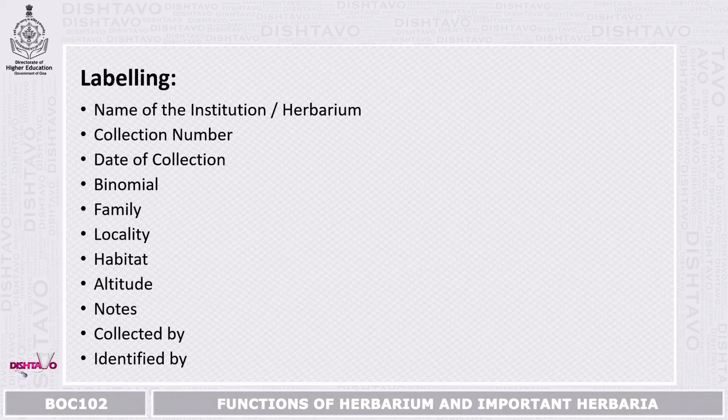The label consists of the name of the institution or herbarium, the collection number assigned to the specimen during the time of collection, date of collection, the binomial of the specimen, the family to which it belongs, place of collection, habitat, altitude, brief notes about the specimen, the collector's name, and the identifier's name.